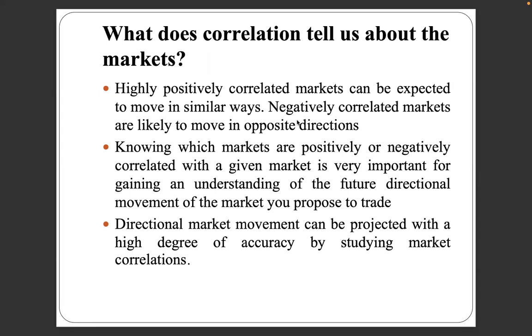This information is important because knowing which markets are positively or negatively correlated is very important for understanding the future direction, right? So it is important to decide what the future behavior of particular investments would be. Whether the market is positively or negatively correlated, we have to understand what our future would be.